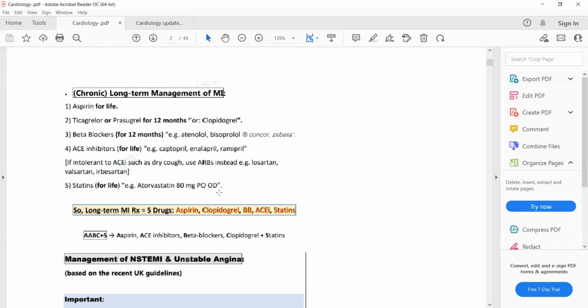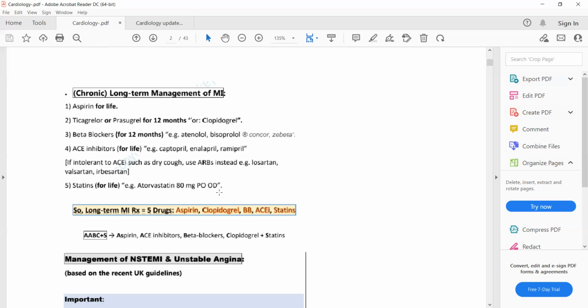Ticagrelor and beta blockers. So remember these 5 drugs which are required for the long-term management of MI. 3 of them are given for life and 2 of them are given for 12 months. So this was all about the short-term management and long-term management of MI.